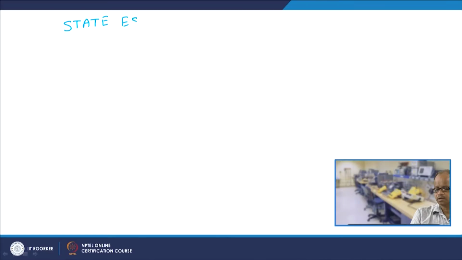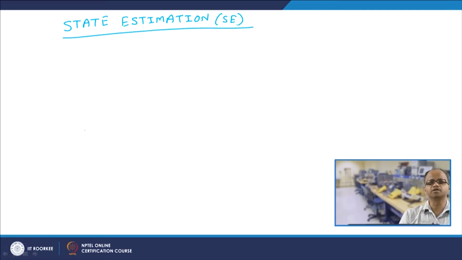The whole process we call state estimation, SE. So, the whole purpose of SE is to estimate the values of unknown quantities such that the effect of the errors is minimized.